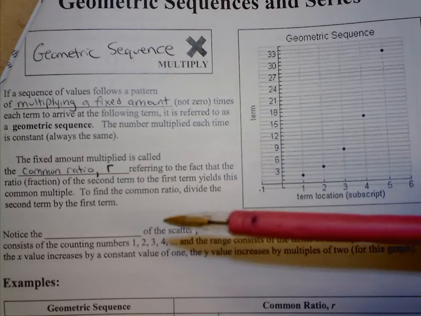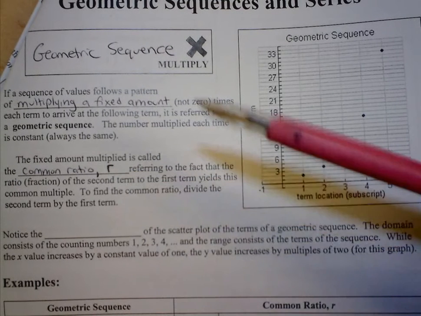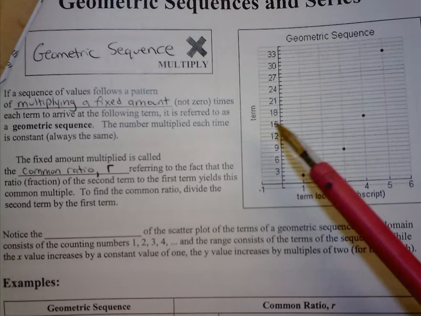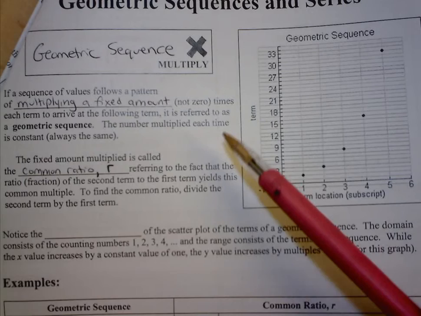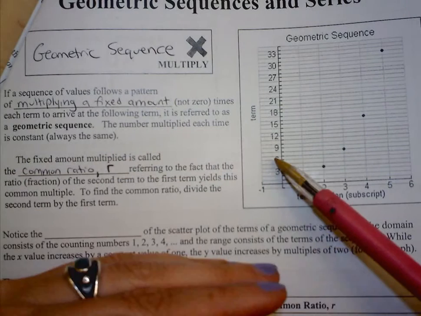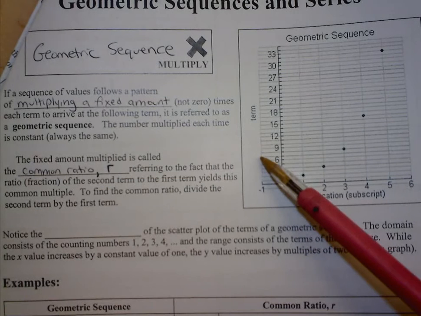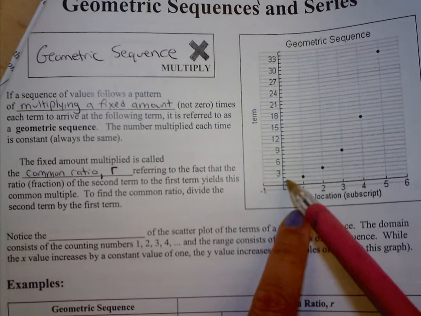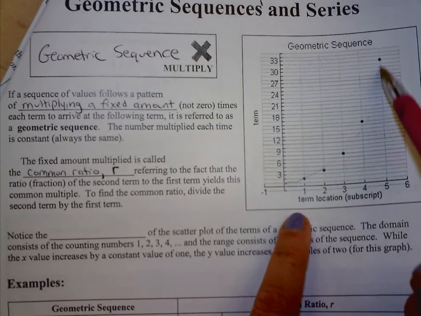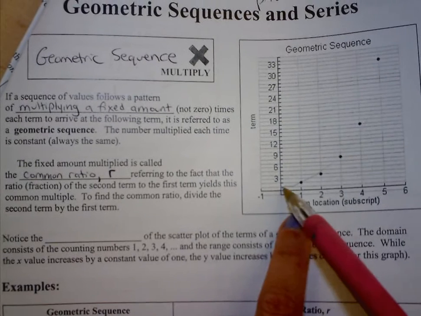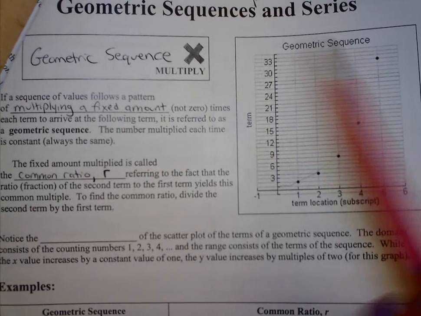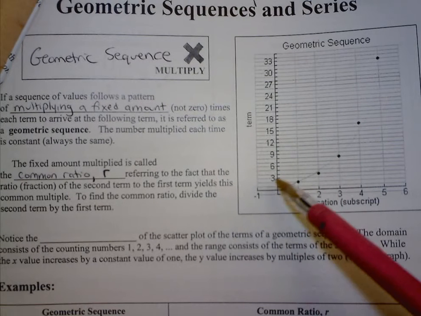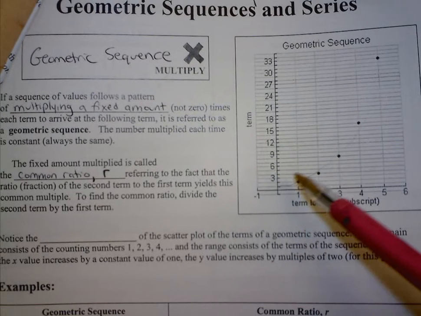So I want you guys to go back to when we were trying to figure out what a function is. Whenever our y values were multiplying down the line, then we knew that it was an exponential function. So look at my geometric sequence here. It takes an exponential function, whereas our arithmetic sequence, where we were adding or subtracting by the same amount each time, was a linear function.